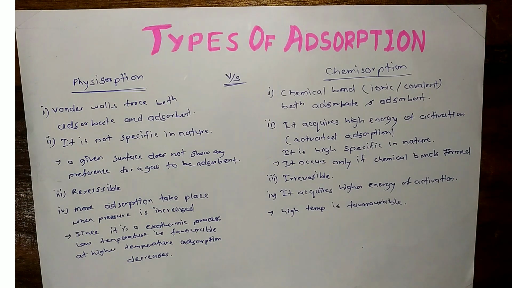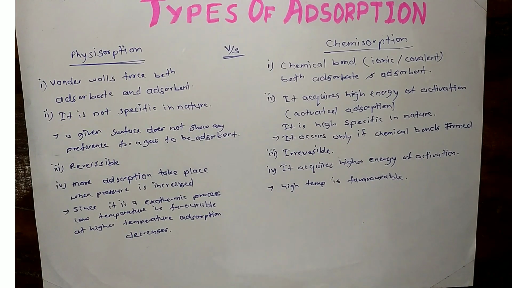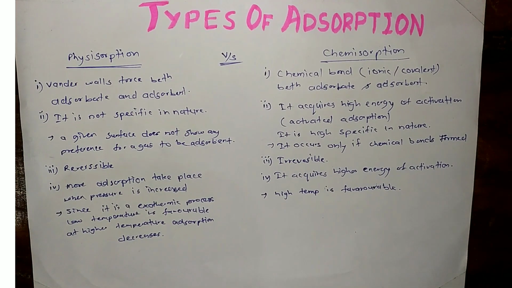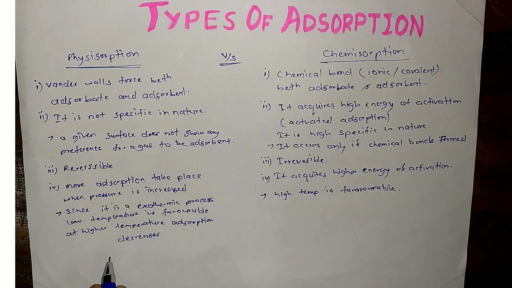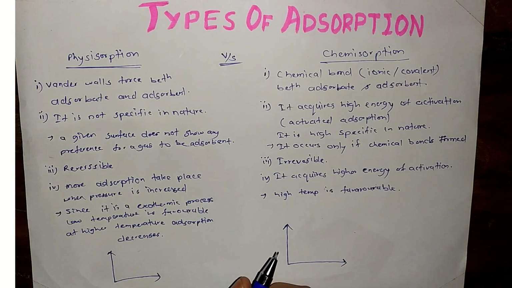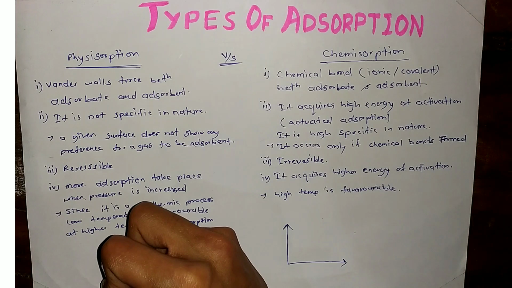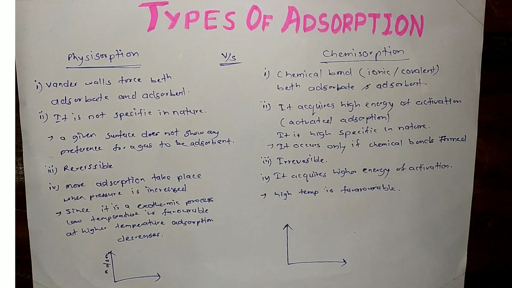If we plot a graph of physisorption and chemisorption, this is the graph of physisorption, with adsorption on one axis and temperature on the other.